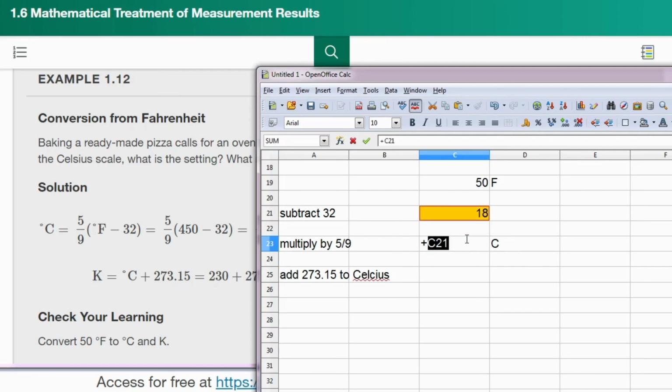In a spreadsheet this is really easy. I get 10 degrees Celsius. Now there's a little subtlety here. Do we want to say this is 2 significant figures or 1? I'm just going to make it 2 significant figures.